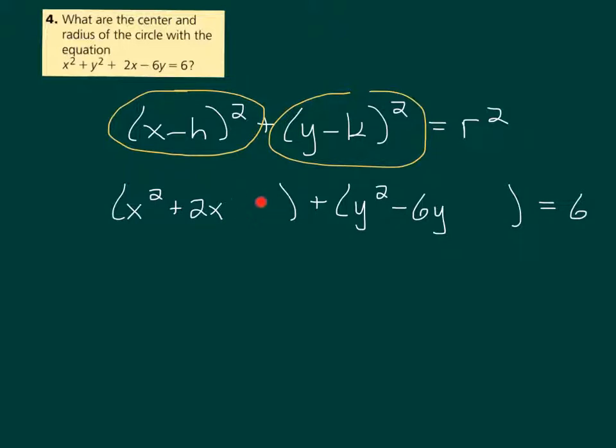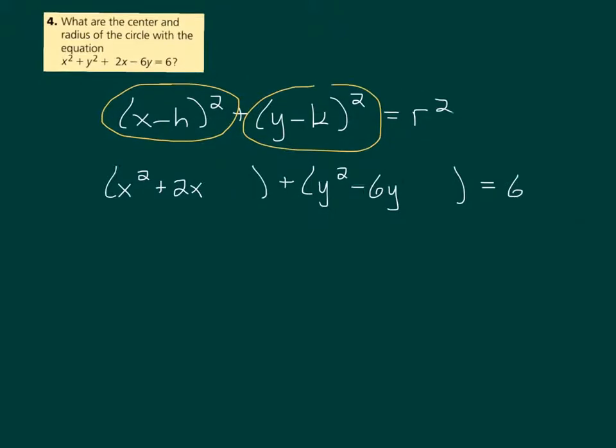So we want to complete the square here and here. So from yesterday, hopefully we remember, these are two relatively easy completing the square problems because the coefficients are 1. And you have to remember in completing the square, the first step, make sure the coefficient of x², or y² in this case, is 1. After that, you take the coefficient of x, divide by 2, and square it. 2 divided by 2 is 1. You square it, so this is plus 1.